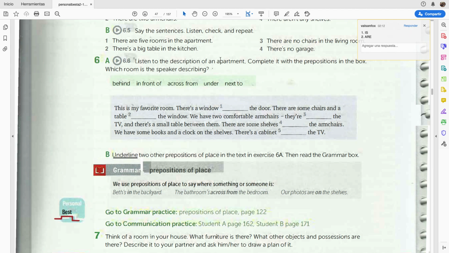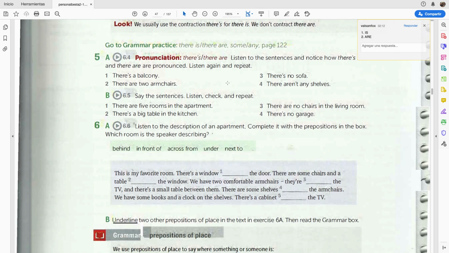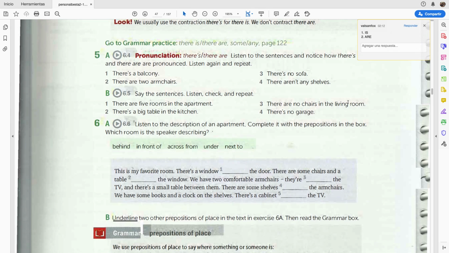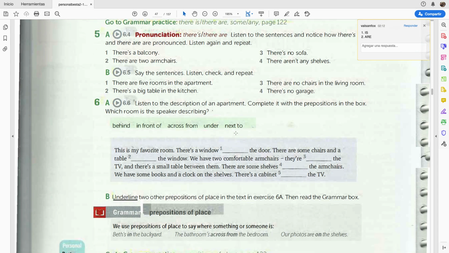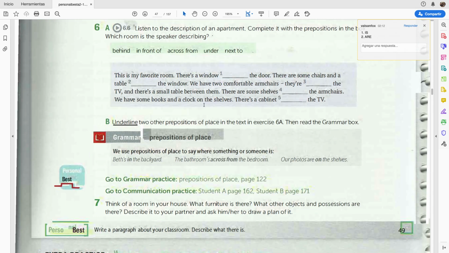Here we have, listen to the description of Gary's apartment, complete with the preposition in the box. Which room is the speaker describing? So here we need to listen to the description and complete it with one of the words from the box. If you notice, here we have behind, in front of, across from, under, and next to.